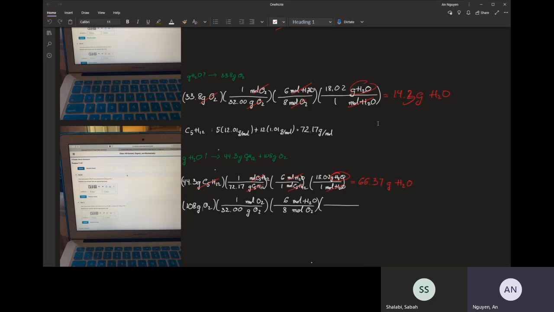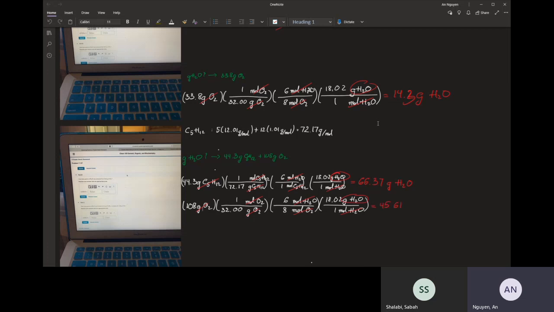And finally, 18.02 grams of water for every 1 mole of water. Looking at the unit cancellation, grams of O2 out, moles of O2 out, moles of H2O out, giving us grams of H2O. So 108 divided by 32 times 6 divided by 8 times 18.02.